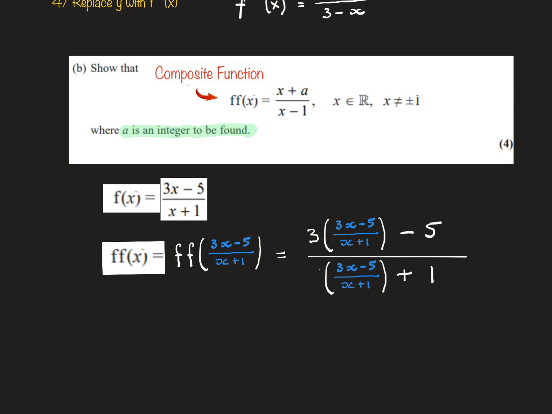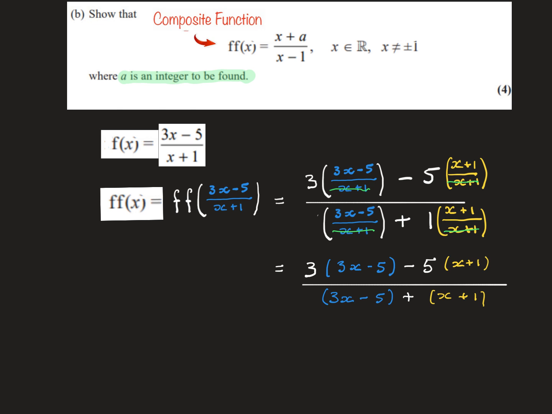Okay, now to simplify this, I'll multiply both sides by x plus 1 over x plus 1. And the reason I'm doing that is so that now I can delete all the denominators. And all my denominators are gone. And so I can rewrite this again. Well, now I'll try to expand this.